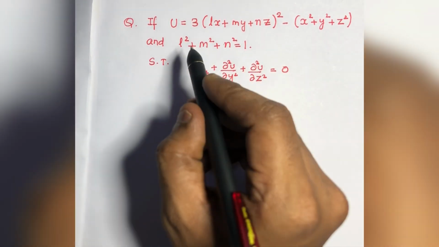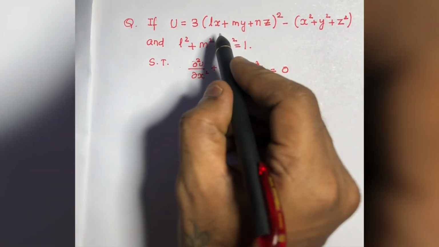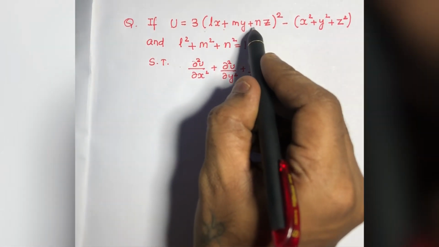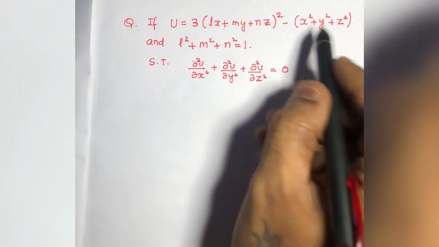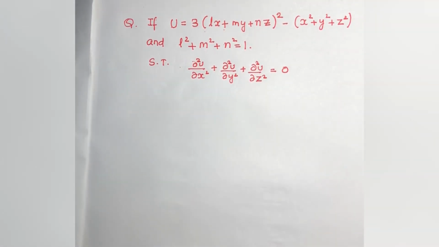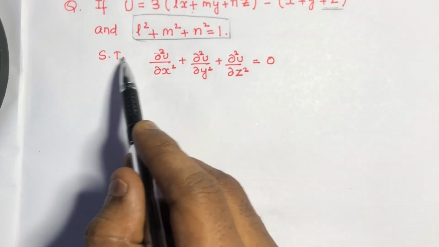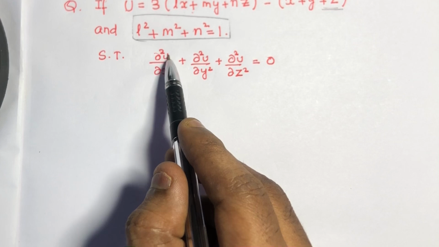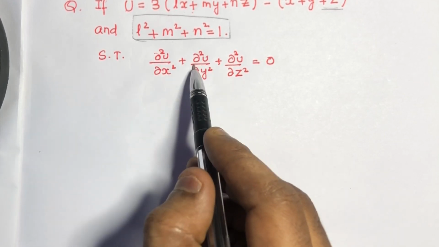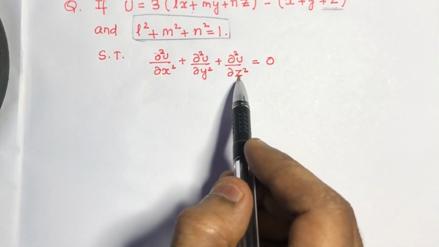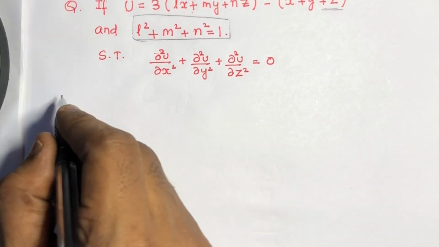So the given condition: u equal to 3 times (Lx plus my plus nz) whole square minus (x square plus y square plus z square), and L square plus m square plus n square is equal to 1. Then show that dou square u by dou x square plus dou square u by dou y square plus dou square u by dou z square equal to 0.